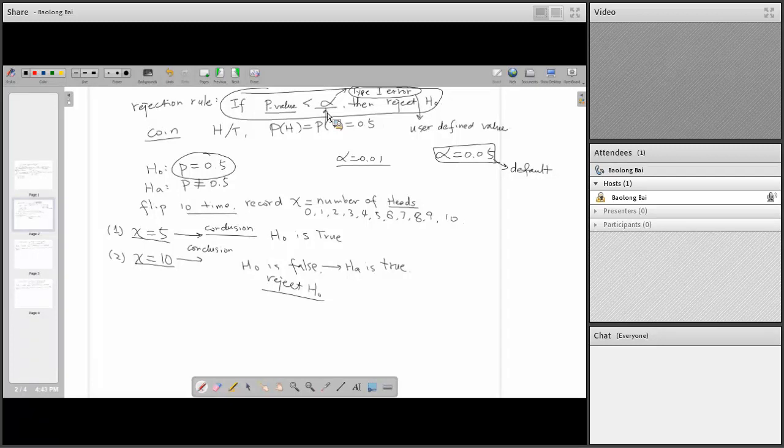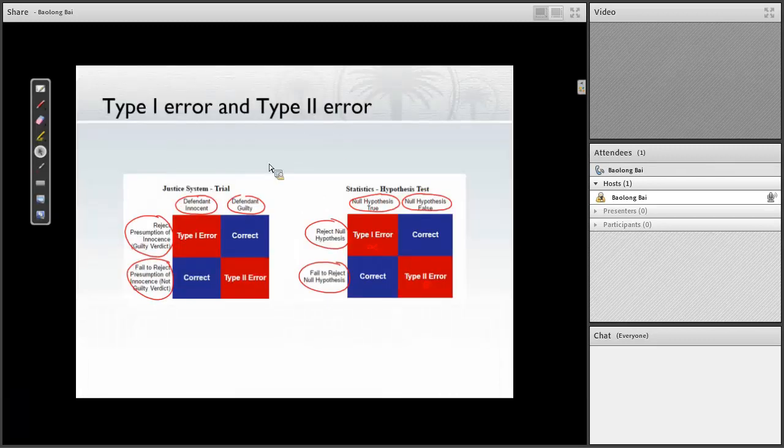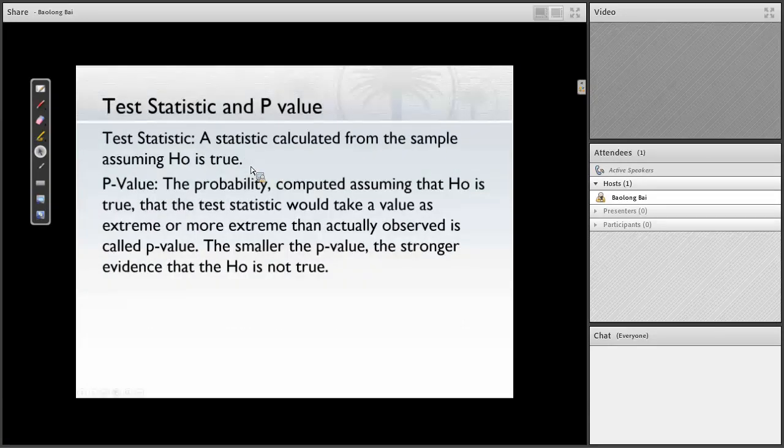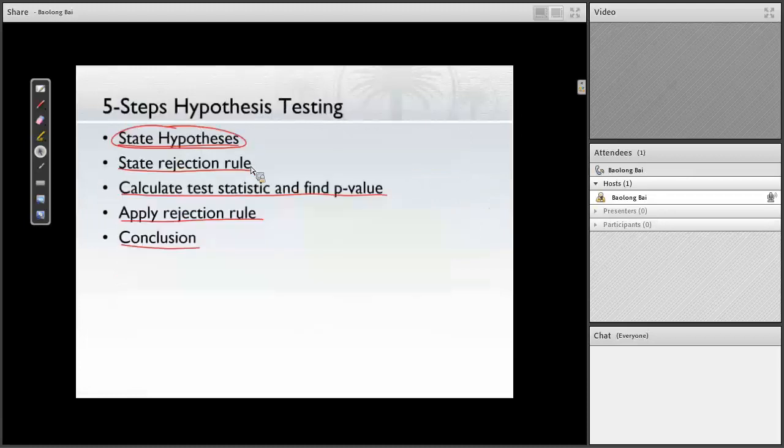If I don't tell you, 0.05 is the default, but in your own research, you need to decide what alpha to choose, depending on what kind of study you're working on, right? So that's step 2, stating the rejection rule. Right, so we have step 2 done, right?